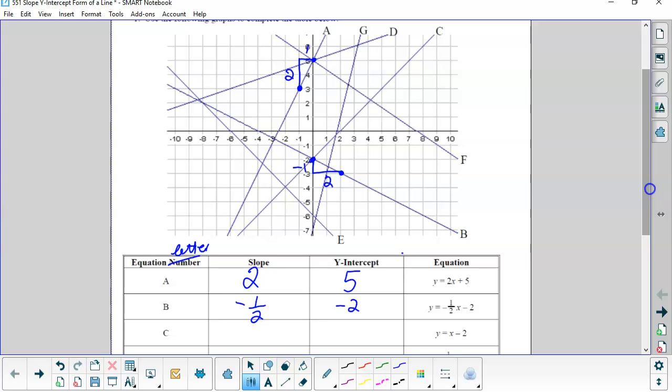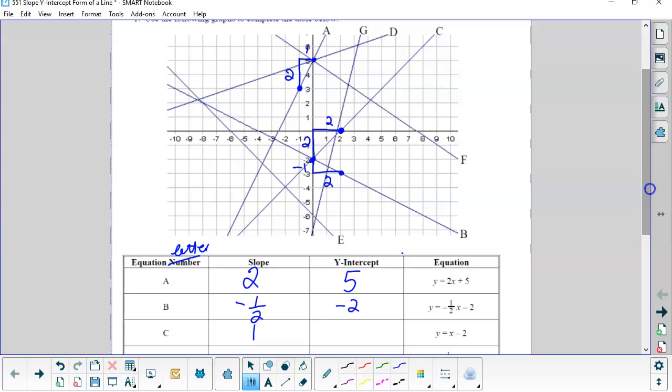C is here. There's a nice point. Where's another one? It looks like right there. Okay, so now up and to the right, always going from the left point to the right point. I have to go up 2 to the right 2. Reducing that gives you 1.